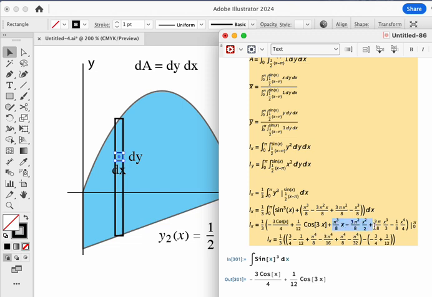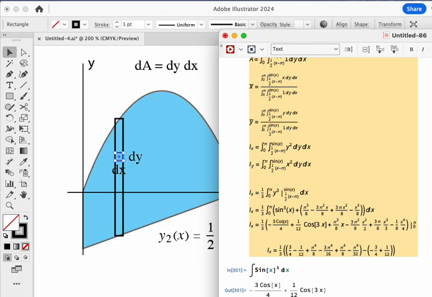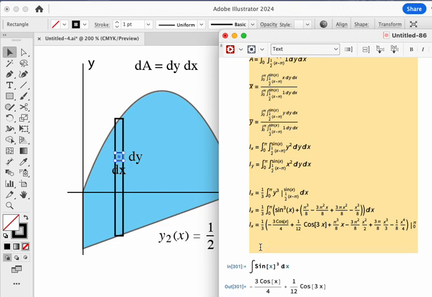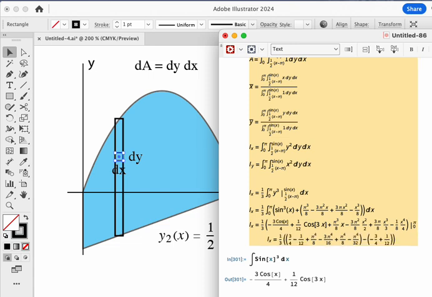If I stick a 0 into any of those guys, they all contain x's, right? So those all just drop out. And now you can plug that into your calculator and see what you get.